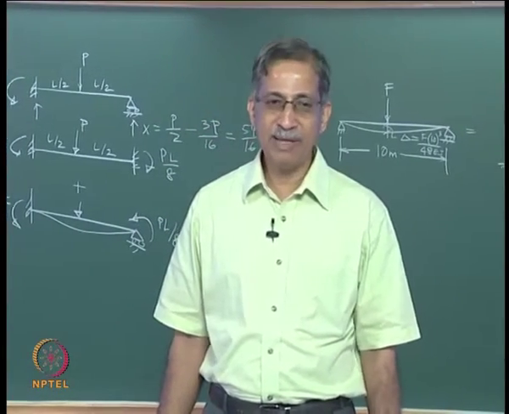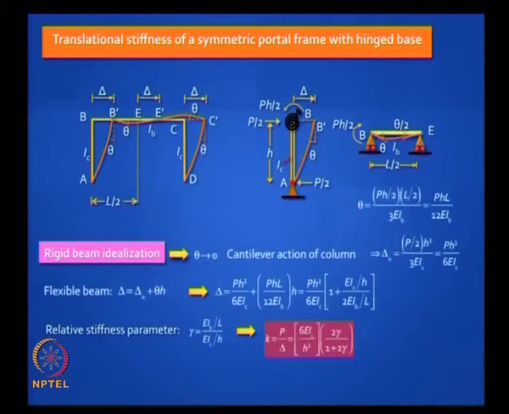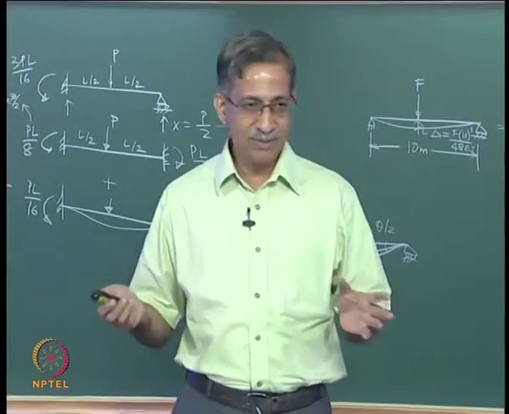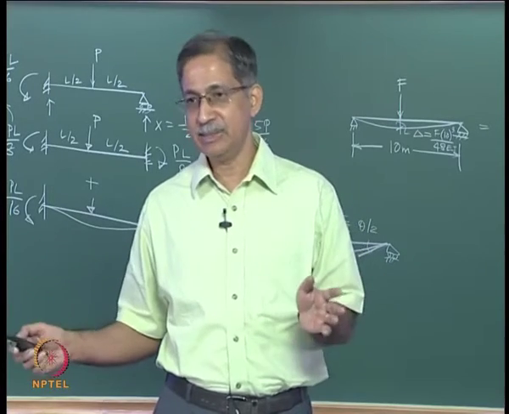If you simplify it, you can write an expression for delta, you have a value of theta, and if you bring in a stiffness parameter which we have introduced earlier, EIB by L to EIC by H, then you can write an expression for K. This is not very important. I just want you to get a general sense of how we can simplify things, but I want you to remember the limits.